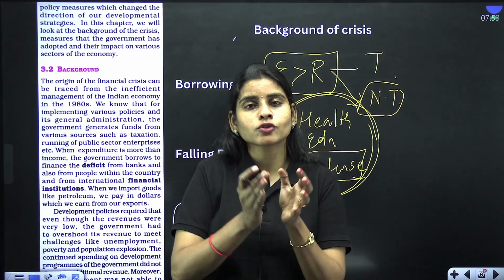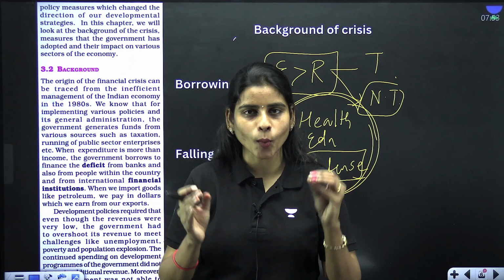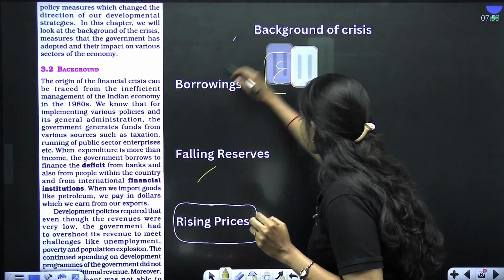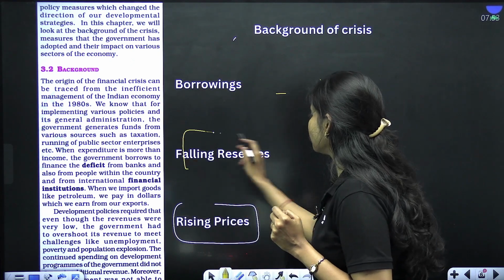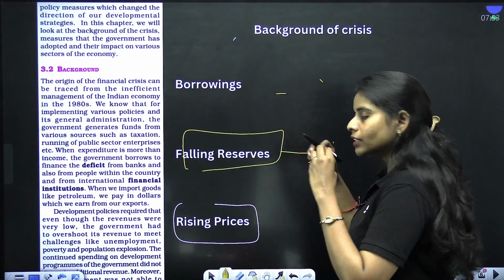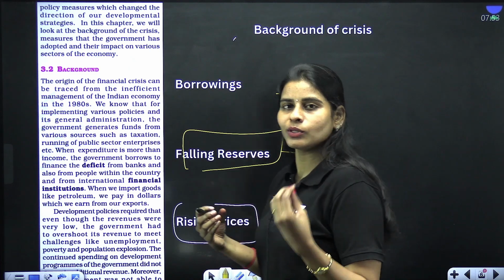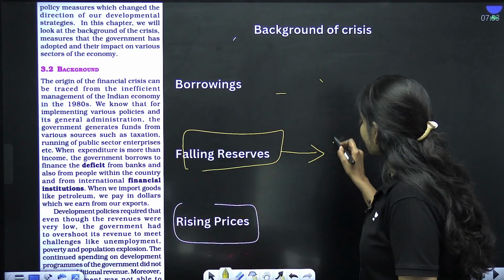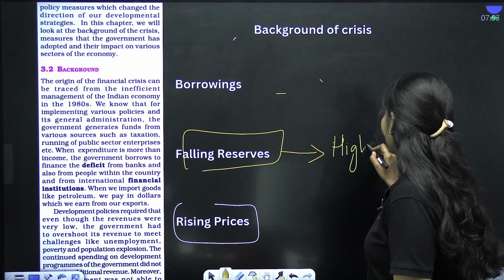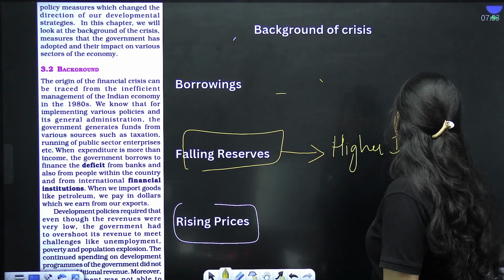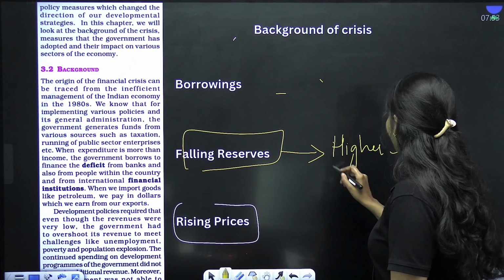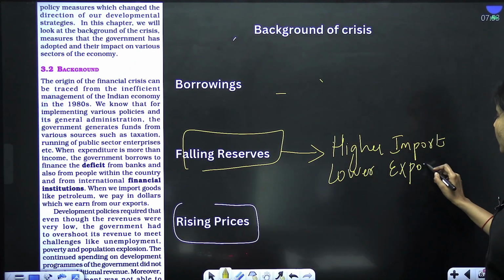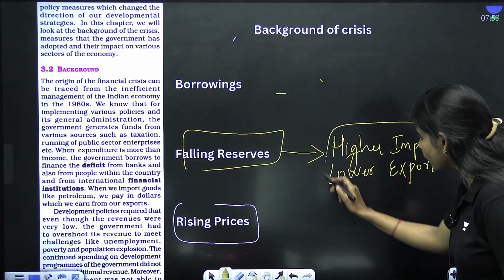So when the imports of the country are higher, obviously the country will need a huge amount of forex reserves to meet the import demands, because whenever you buy something from another country, you will pay in dollars, right, or in other countries' currencies. So because of having higher imports at that period of time, and because of having lower exports comparatively, the reserves that we had with us were falling.